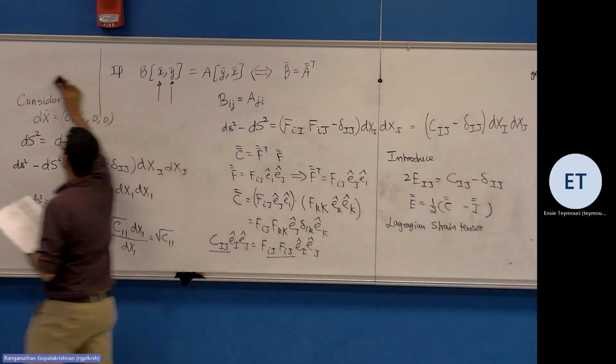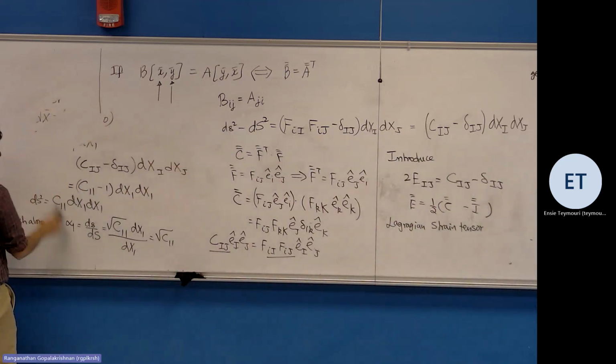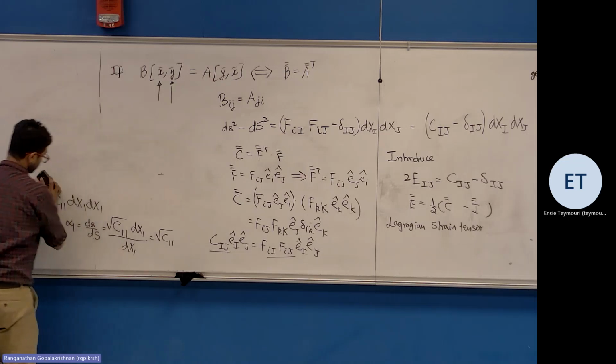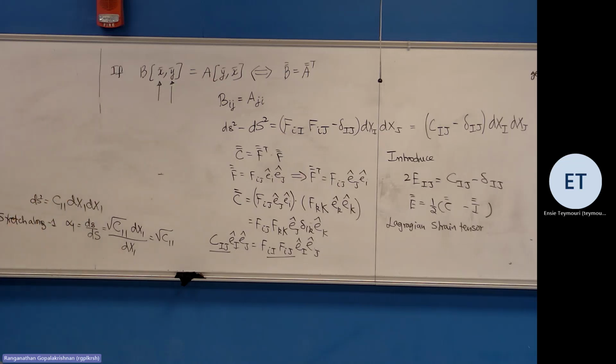So I'm going to add one more thing here. We consider this alpha 1, which is for an element. Remember, this is for an element along direction 1, and it's purely along 1. That's why we took dx1, 0, 0.